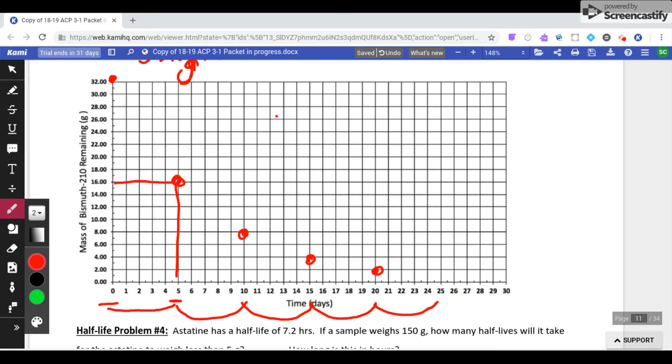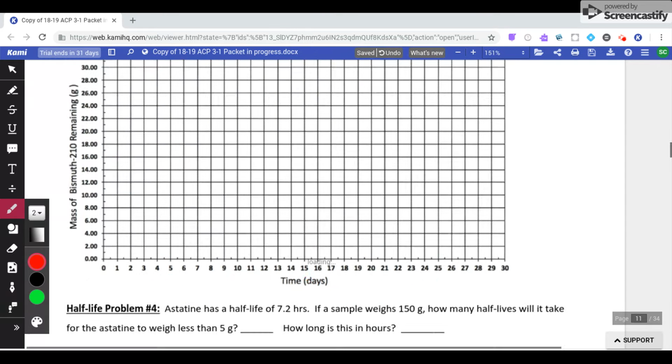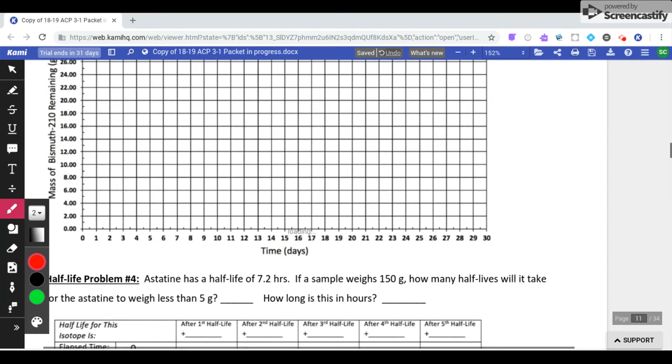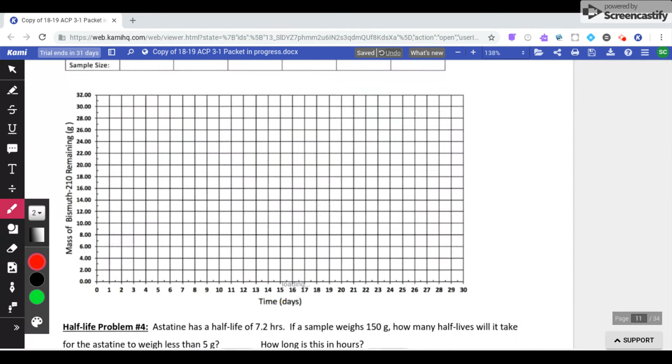And now it starts to flatten out and get really tough to see big differences, because there's the 0.5, and over here, if I blow it up a little more, I can get close to the x-axis, but not quite. All right, so there's the basis for our half-life decay graph.